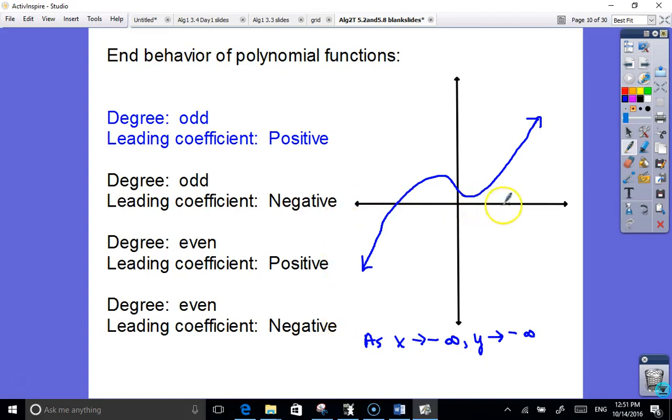Right? As we go to the right, the graph is going up. As x approaches positive infinity, y approaches positive infinity. And you could get away without writing the plus. Just say as it approaches infinity.